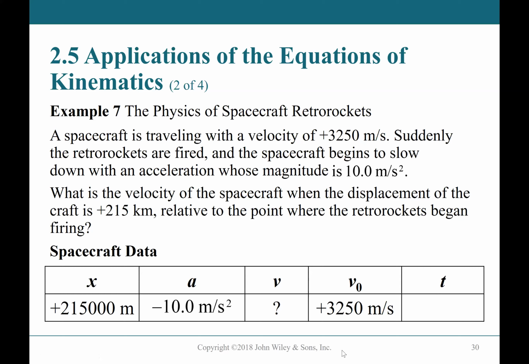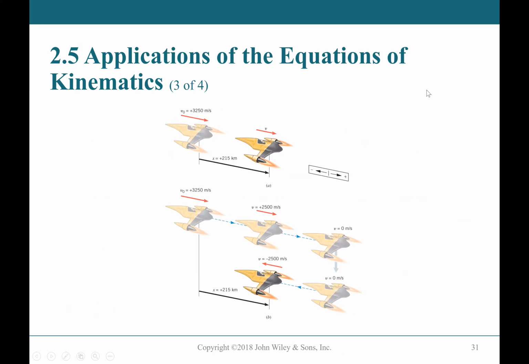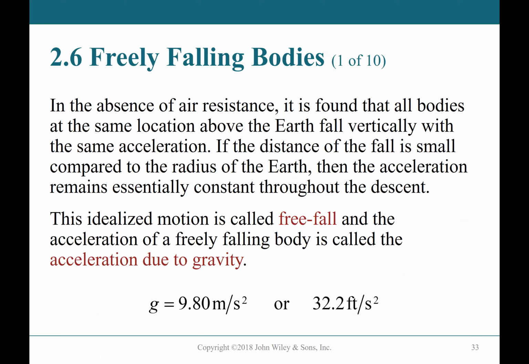Unfortunately, class, I need for you to study those problems yourself because I really have to get to this next section. So, freely falling bodies. I've already told you that in the absence of air resistance, the only force acting on it is just the force of gravity. It is found that all bodies at the same location above the earth fall vertically with the same acceleration.